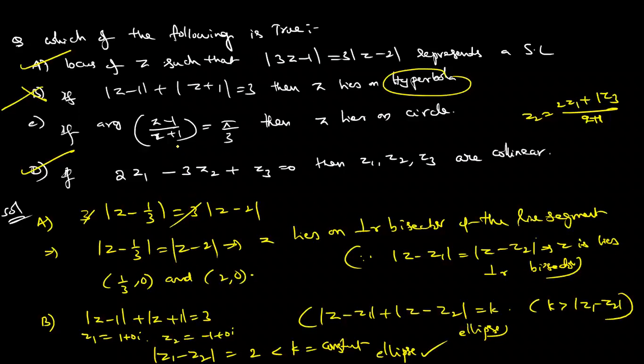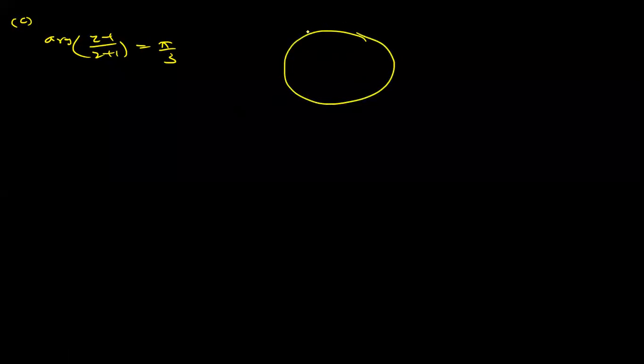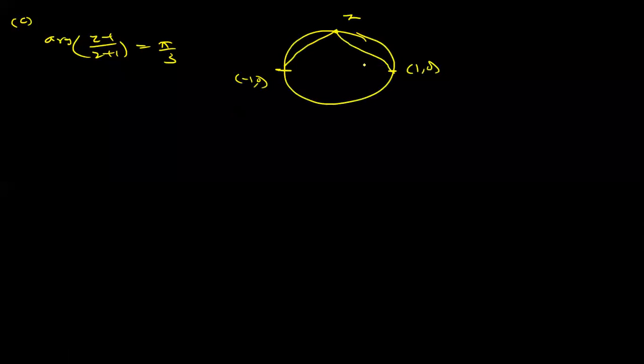Okay, option C. Argument of z minus 1 by z plus 1 is equal to pi by 3. Is someone responding? C is correct. Okay, Sai is saying C is correct. What is the meaning, dear students? Suppose we draw one circle, for example. Suppose this is the point (minus 1, 0), and the other point is given as (1, 0). See carefully. Somewhere there is z. Z minus 1 comes in the clockwise direction. This angle is how much?